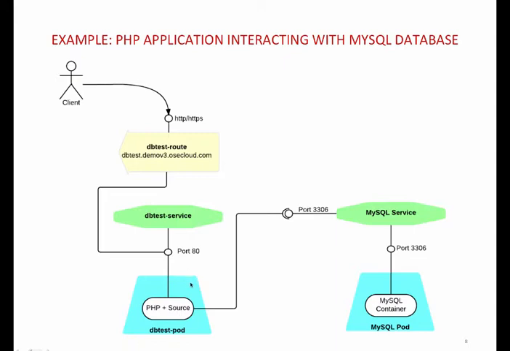So this pod expects the parameters such as where the database is running, the IP address of the pod in which the database is running, the port number, the database name, username, password, etc. Those are configured in this pod. And this pod is available over port 80 for access outside by the client over HTTP or HTTPS.